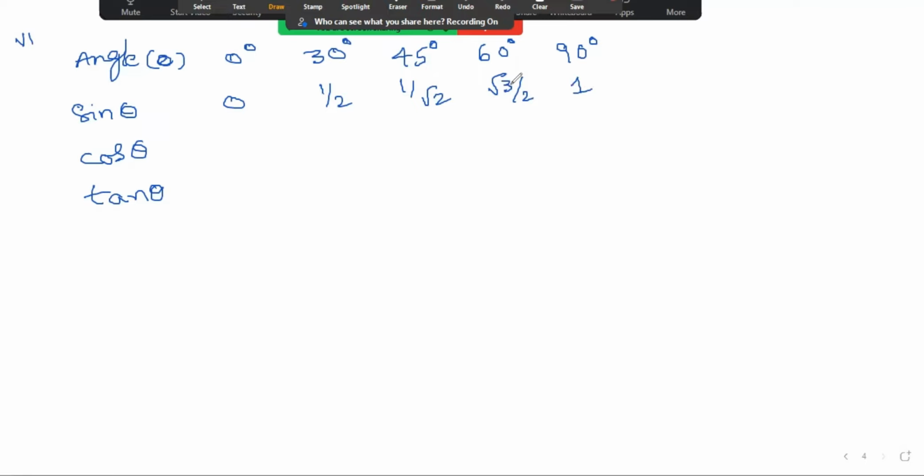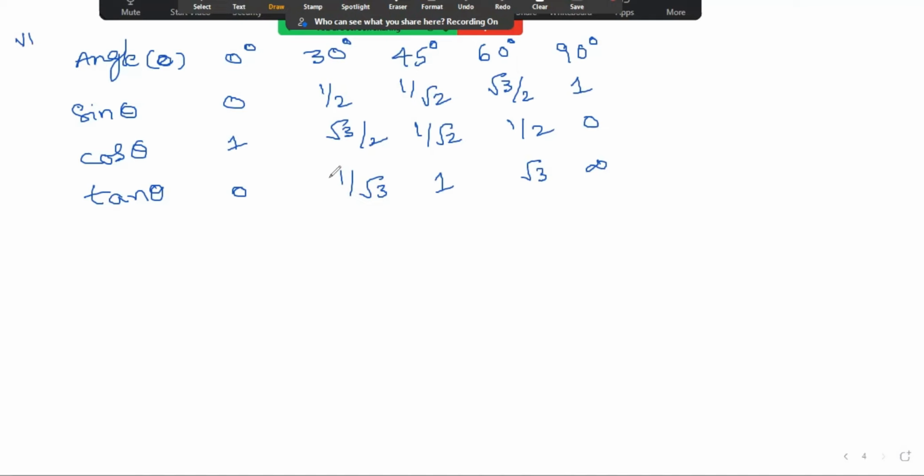If we know this single line, we can get all the remaining ones. So just write the reverse for cos theta: 1, root 3 by 2, 1 by root 2, 1 by 2, 0. Then tan theta is nothing but sine theta by cos theta. So it will be 0, 1 by root 3, 1, root 3, and then it is not defined, infinite. So we can get all the values for this.